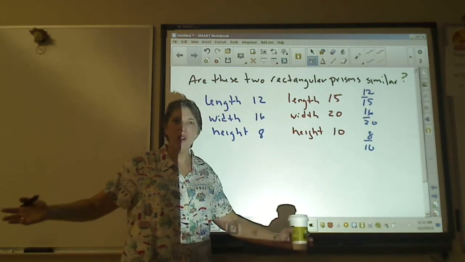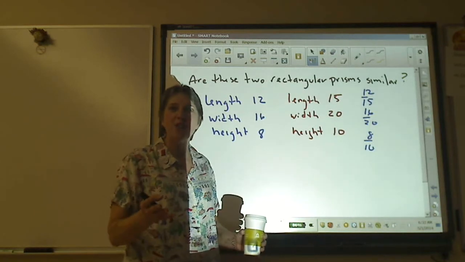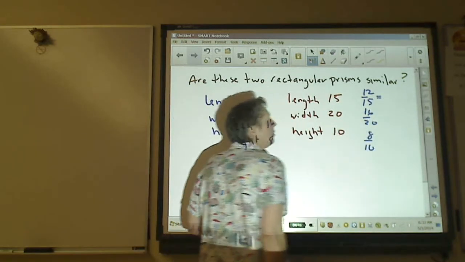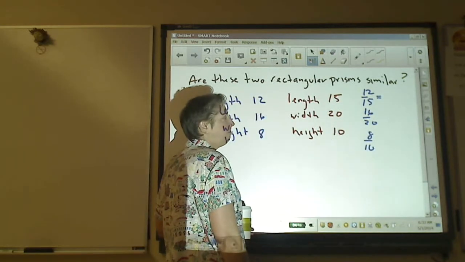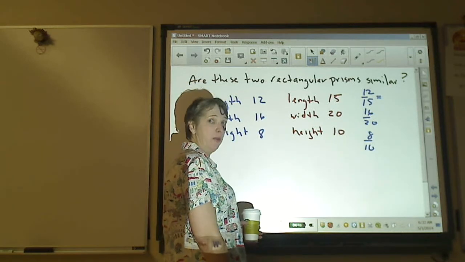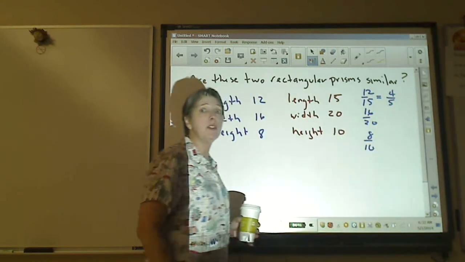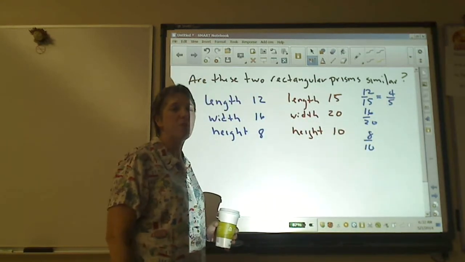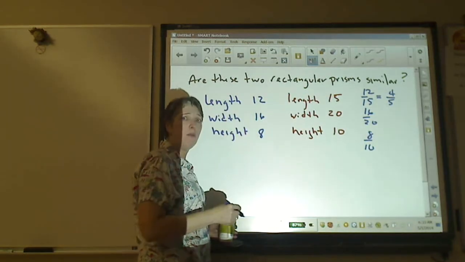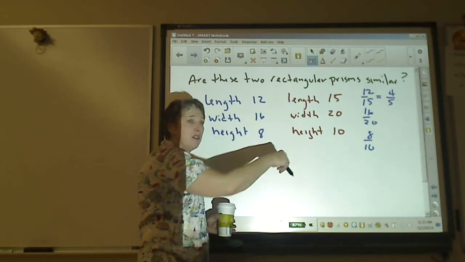That's what I've been telling you all year. Simplify fractions all the time. So 12/15 becomes what? What goes into 12 and 15? 3. So it becomes 4 to 5. And remember, we read them as 4 to 5, not 4/5, but 4 to 5, because on this rectangular prism, for every 4 units, this one has 5 units.